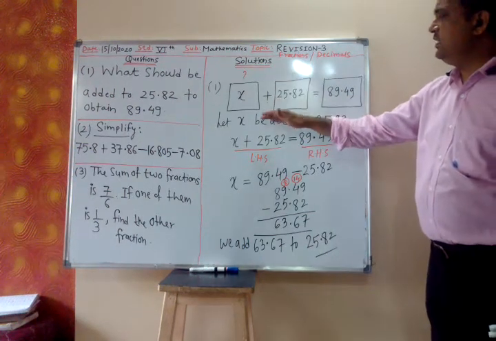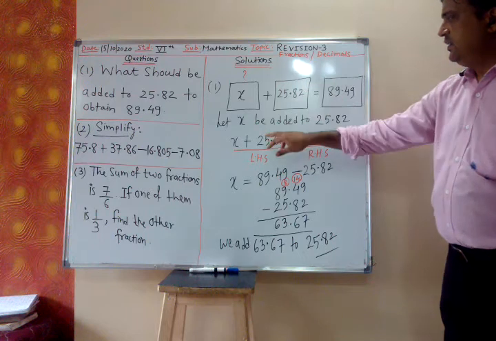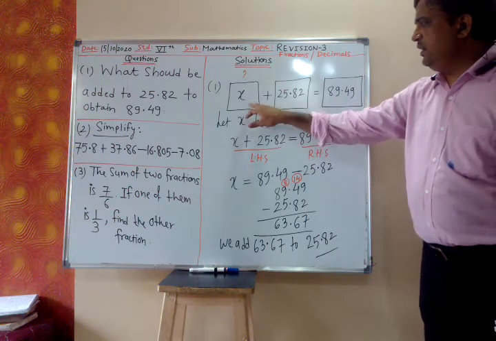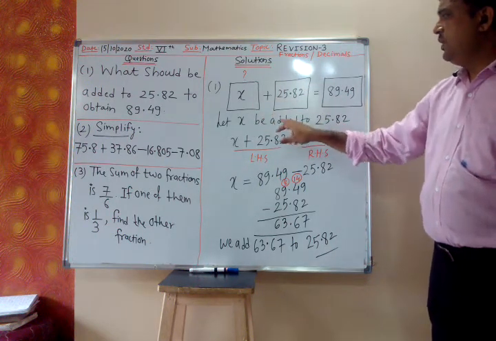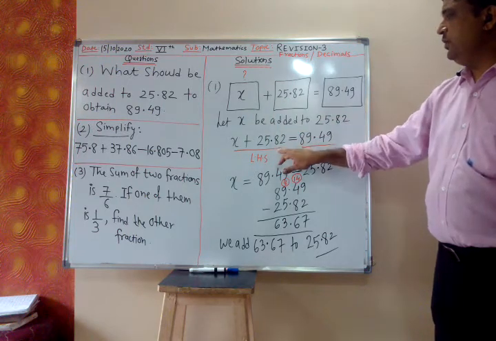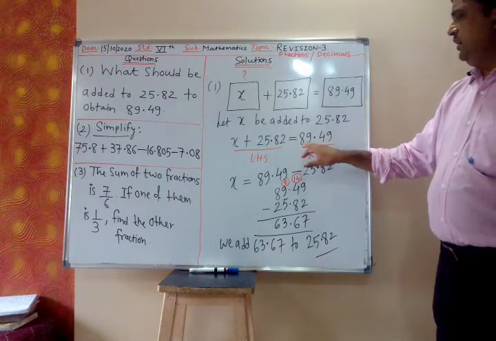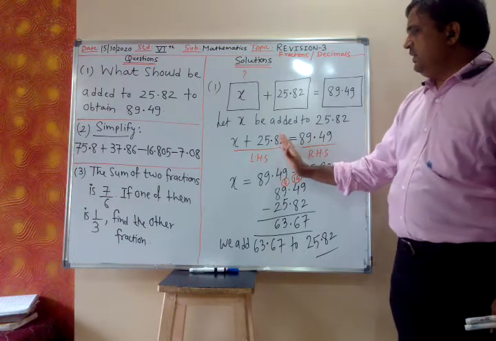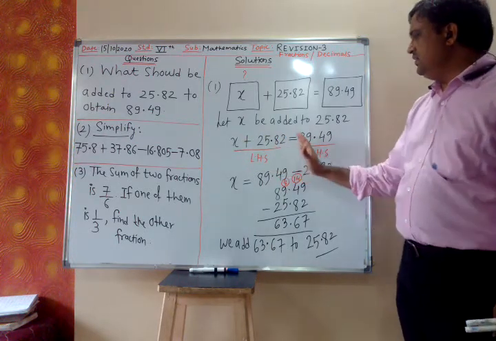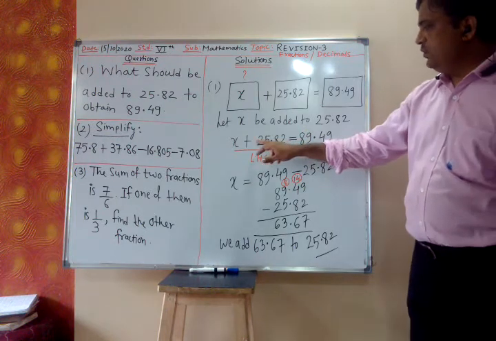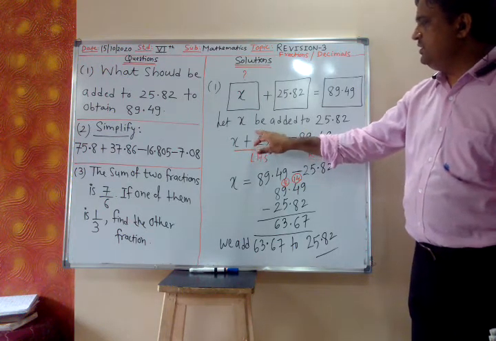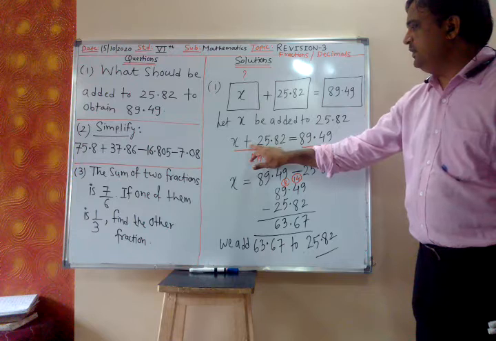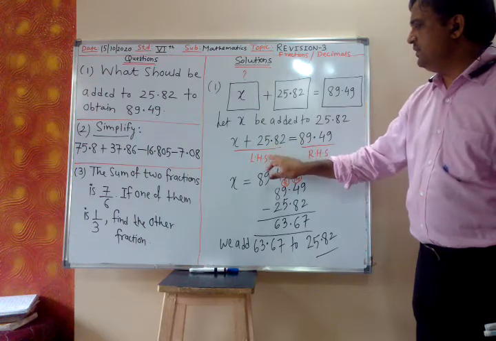So we consider that number as x. Let x be added to 25.82. So x plus 25.82 is equal to 89.49. Now this is my left hand side and this is my right hand side. Whenever you change the side of the number, the sign changes. This is plus 25.82, which is on the left hand side.